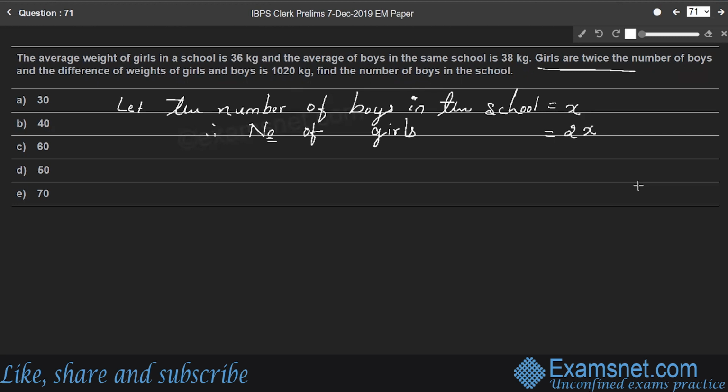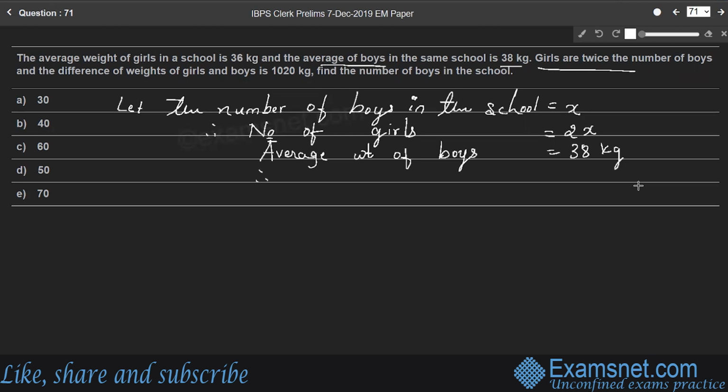So here, the average weight of boys, that means on an average each boy weighs 38 kg, right?